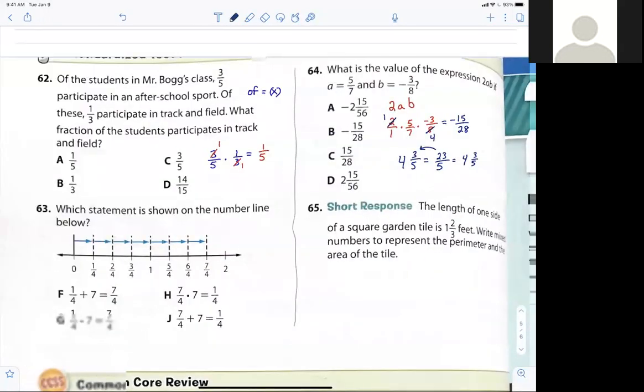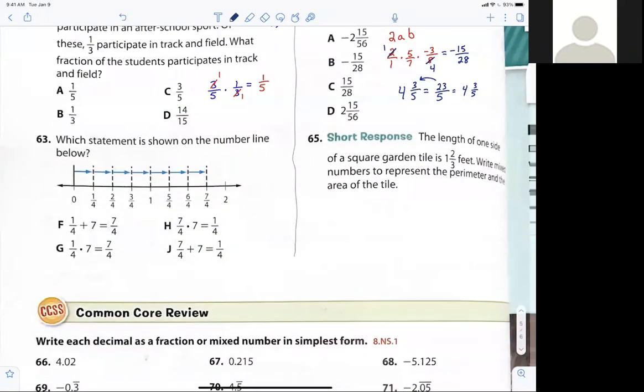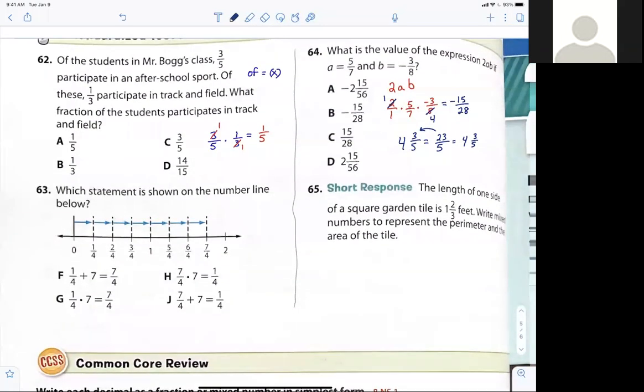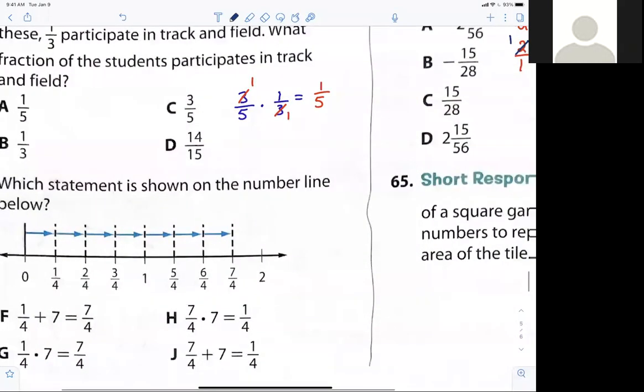I have a question. Okay, good for you, tell me. For number 62, wouldn't it just equal number 5? No, because listen, 5 times 1 is 5, right? That's on the bottom. And 1 times 1 is 1.